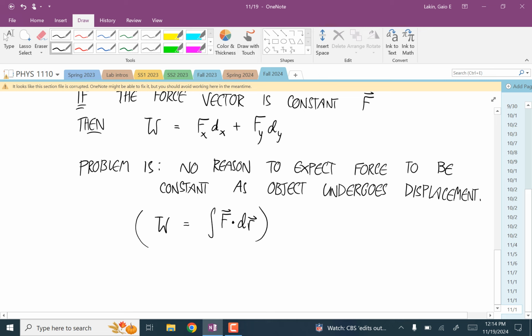It's called a line integral, but it's a pain, and we'd rather not do that. That brings a lot of new difficulty into everything. So since we don't want to use this.